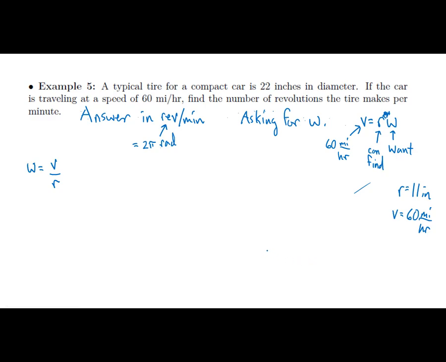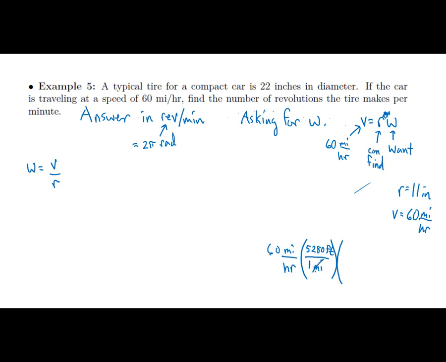So I want my 60 miles per hour to change. I'm going to do that right here, 60 miles per hour. And I want to get that into inches. Now the most natural conversion here is not directly to inches. It would be to say there's 5,280 feet in 1 mile.